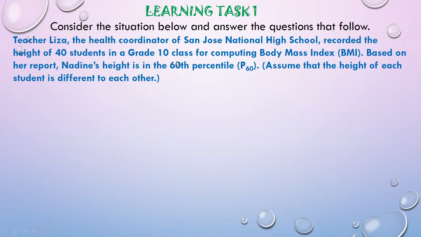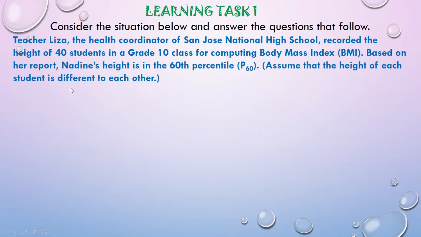Okay, heto ngayon. Sasagutan natin yung learning task 1 para yung iba, kayo na magsasagot. Consider the situation below and answer the questions that follow. Teacher Lisa, the health coordinator of San Jose National High School, recorded the height of 40 students in a grade 10 class for computing body mass index. Based on her report, Nadine's height is in the 60th percentile or P sub 60.